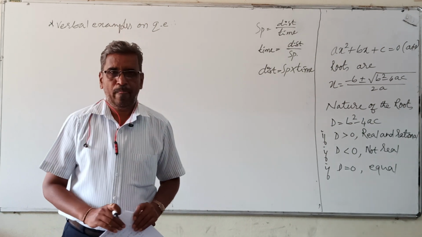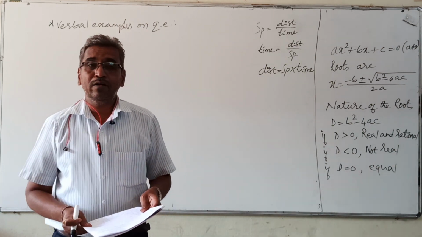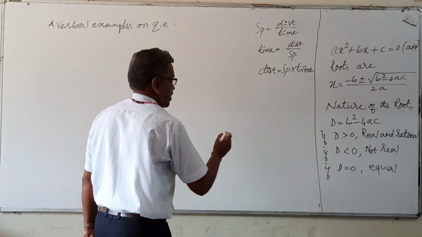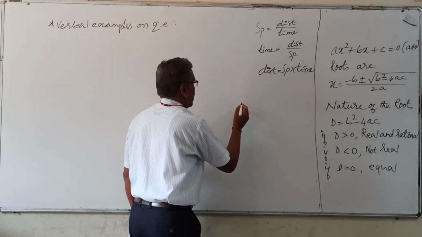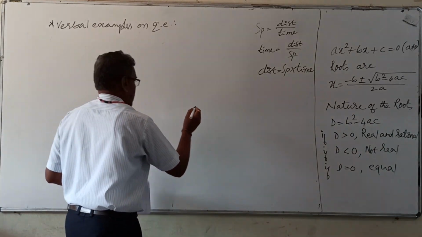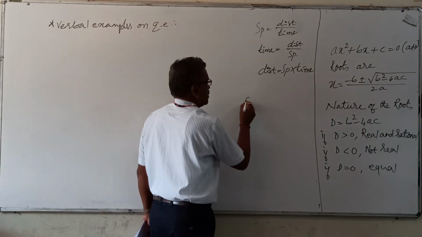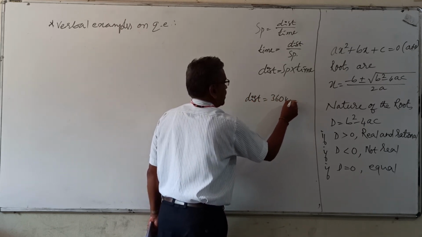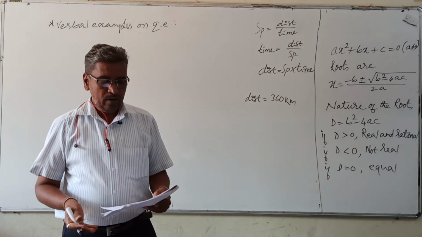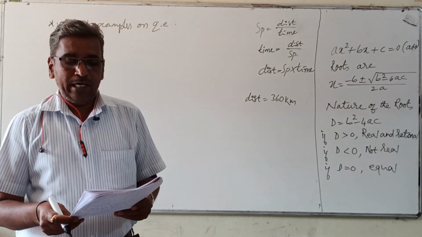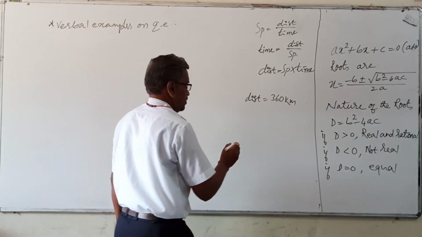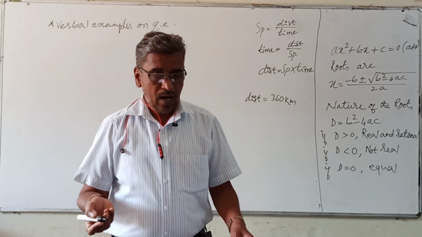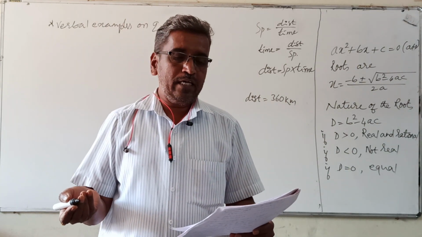So, example. A train travels 360 km at a uniform speed. Distance travelled is equal to 360 km. If the speed had been 5 km per hour more, it would have taken 1 hour less for the same journey.